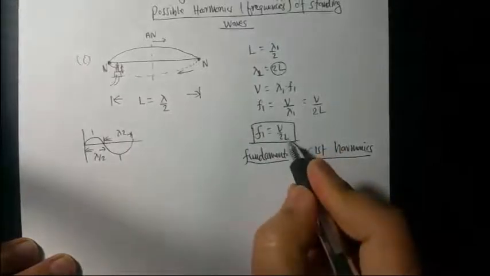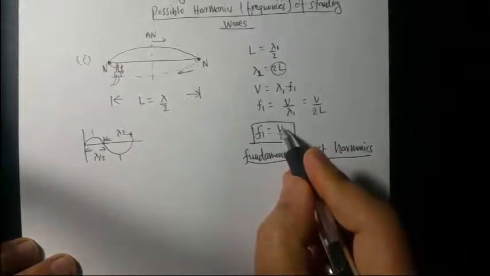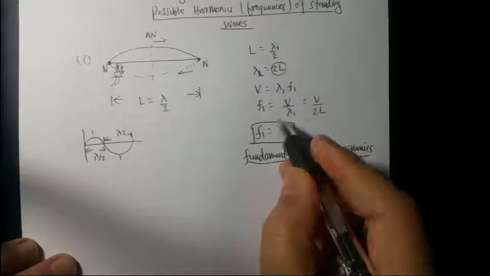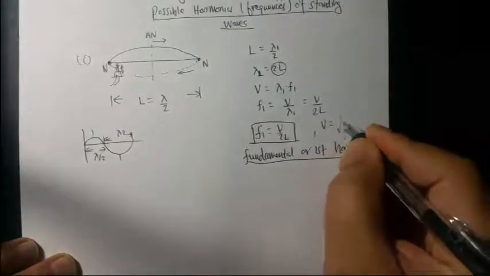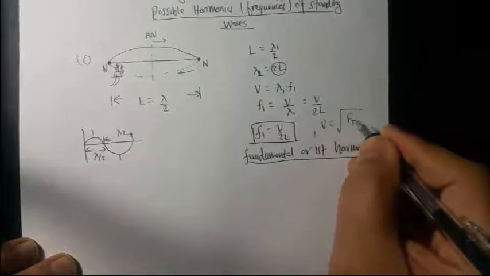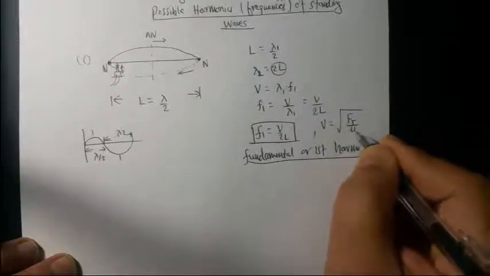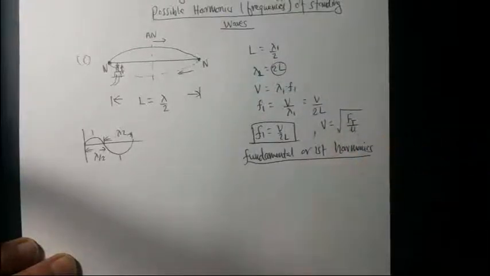It just depends on the speed of a wave on a given string, which depends on various factors, where V is, remember, the square root of the tension force divided by the linear mass density, the mass per unit length of the string.